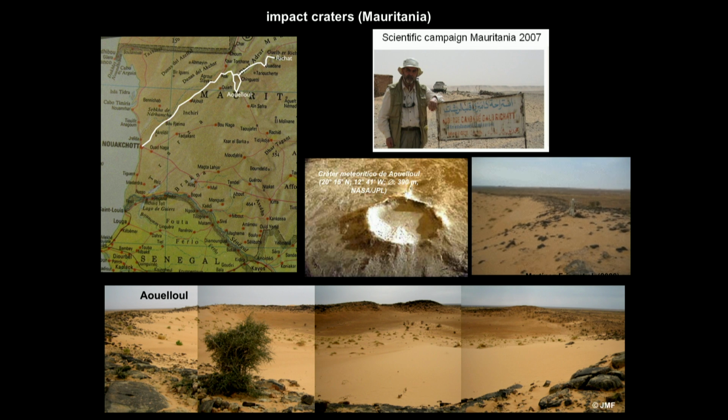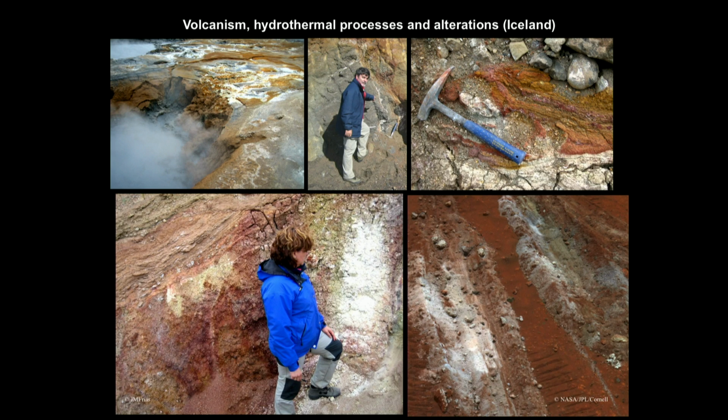This was, for example, in Iceland. This is not Mars, of course. This is Lorena. This is on Earth. This is the Dean of the Faculty of Geology in Madrid. But you can see that the textures, the colors, the minerals are quite similar.